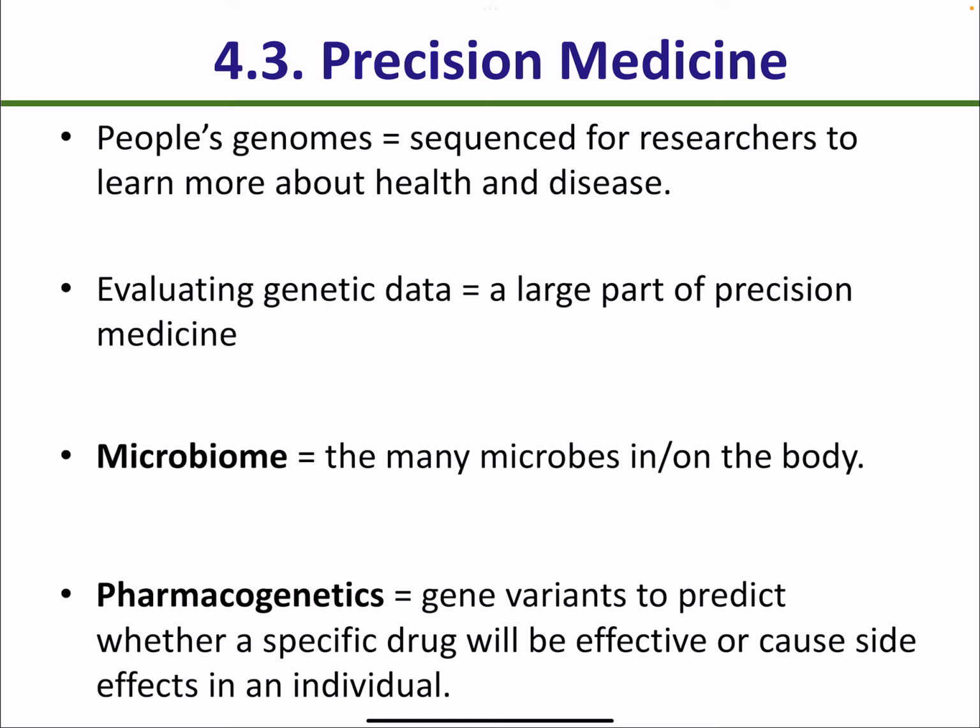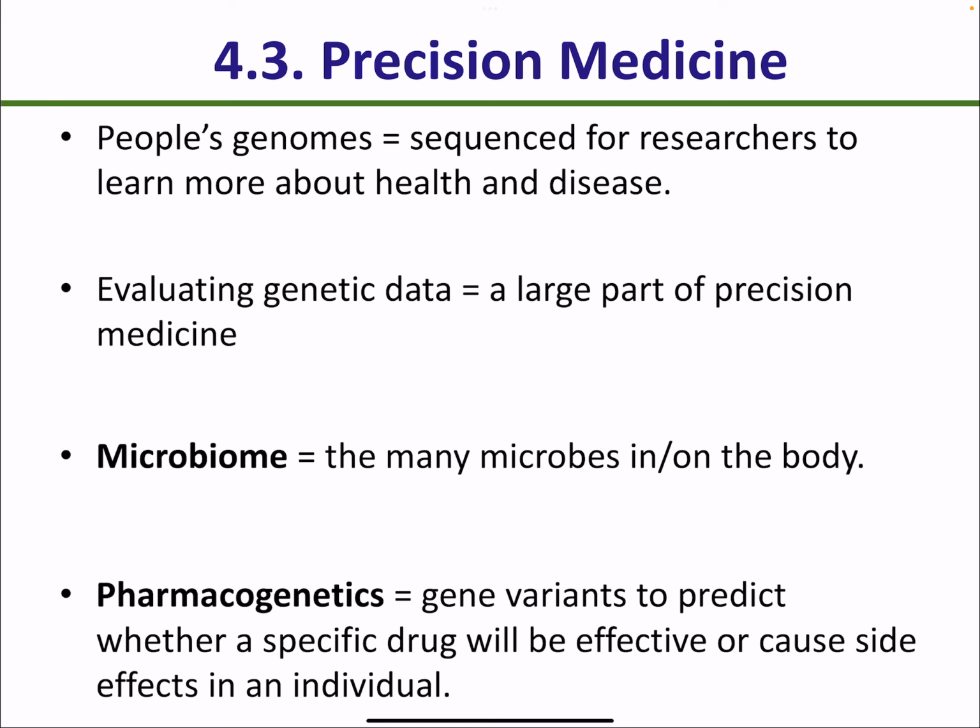In precision medicine, we are trying to be as targeted, as specific as possible. We know today that a drug that works for one person may not work with the same efficacy in another person. Well, this is because we are genetically different.